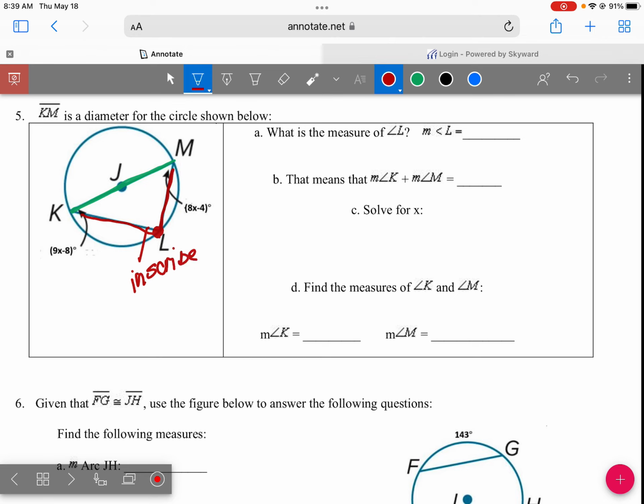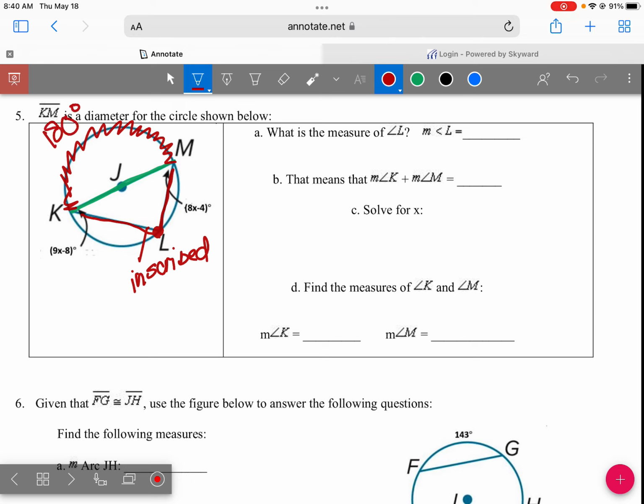So if we don't know what that is, I have to look at where the ends of those line segments intercept. What is the measure of that arc from K all the way over to M? 180 degrees.